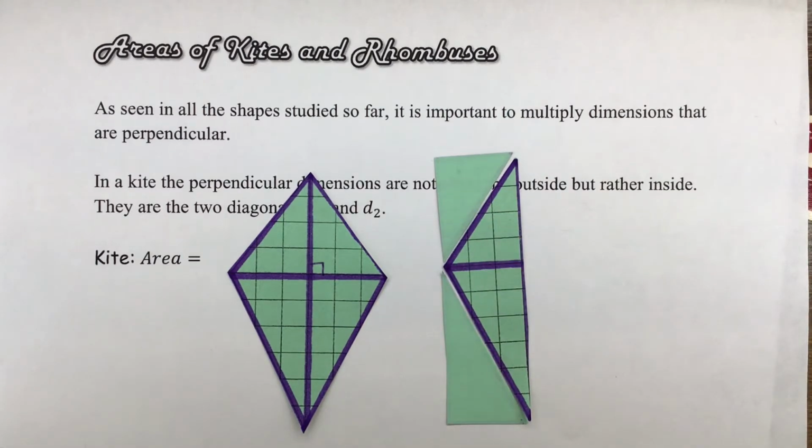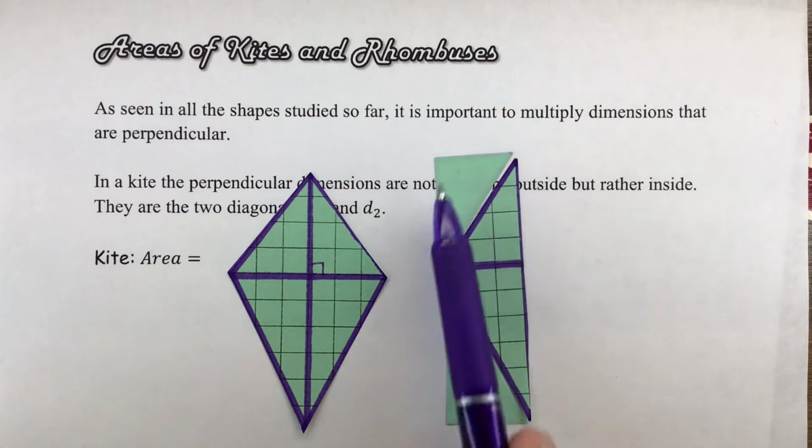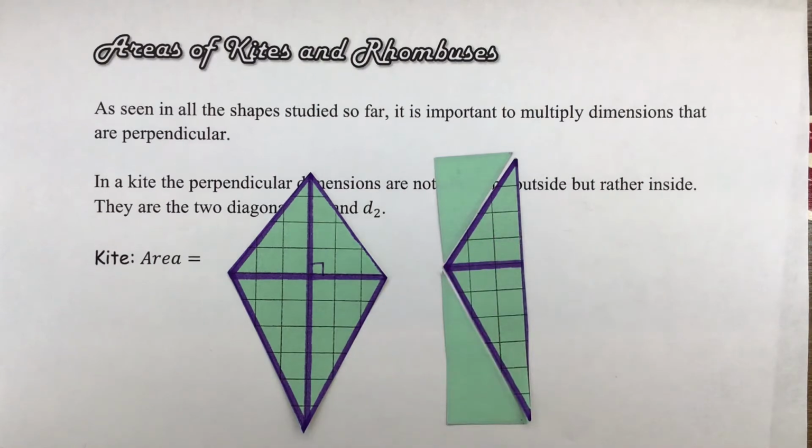Okay, and if I arrange the pieces like that, that will actually create a rectangle. Remember that you've got right angles in all these corners, so that would be a right angle. That would also be a right angle as well. The areas of the kite and this rectangle are going to be congruent to each other.